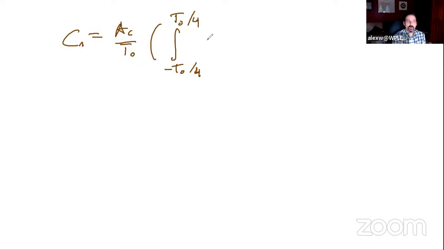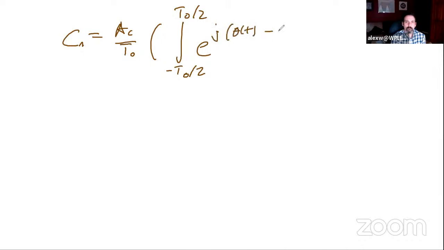Then you want to start dividing things up. The first thing is you have that integral expression, with j theta t minus n omega naught t, correct? Then the next step is to start splitting things up.